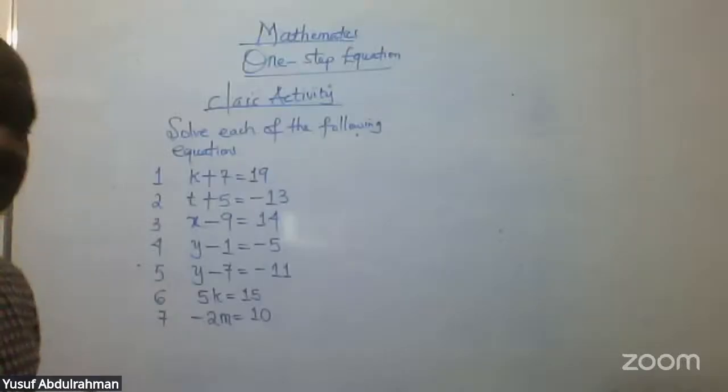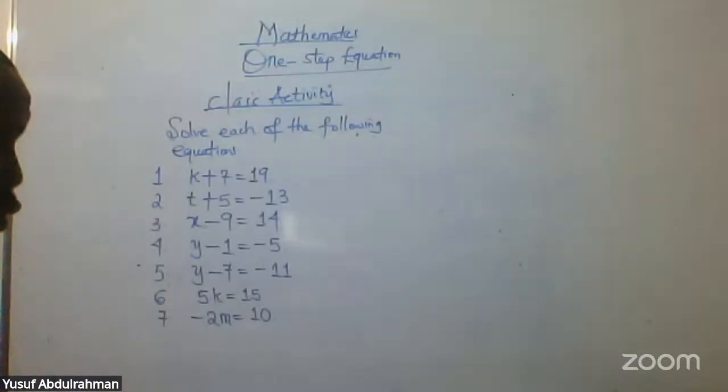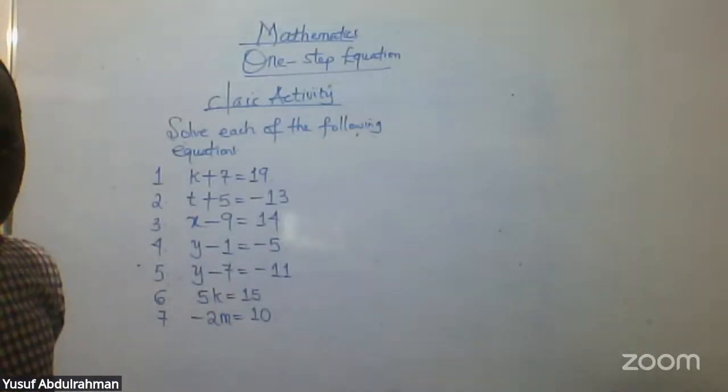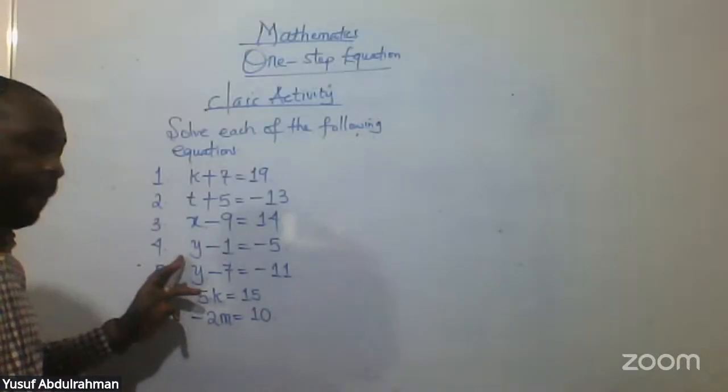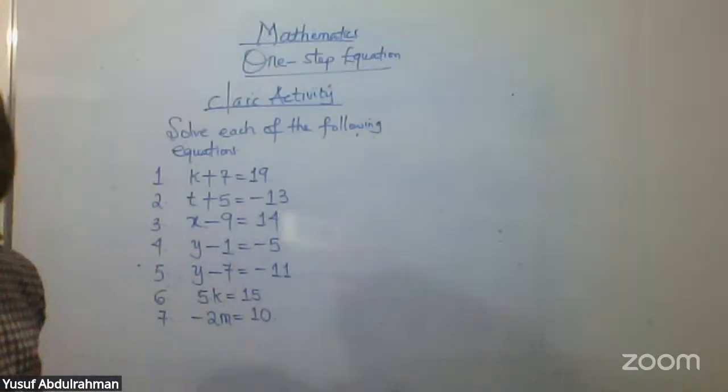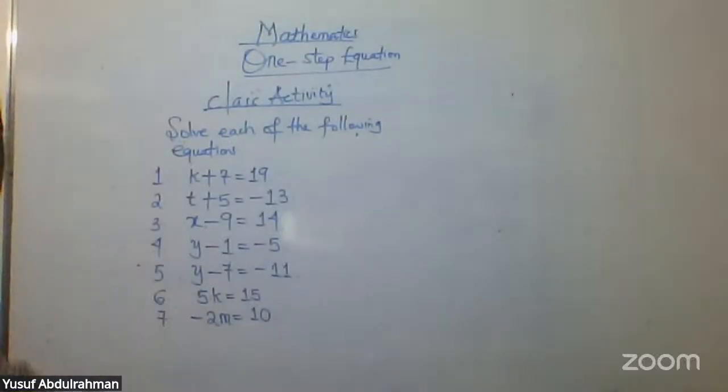Now, your answer for question 2, is it minus 18? Yeah. Okay, that's the answer. What about question 4? -4. Yeah, number 4, -4.